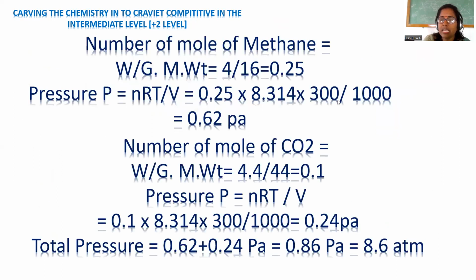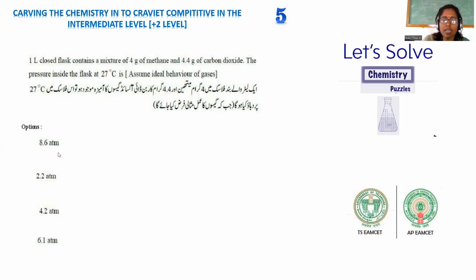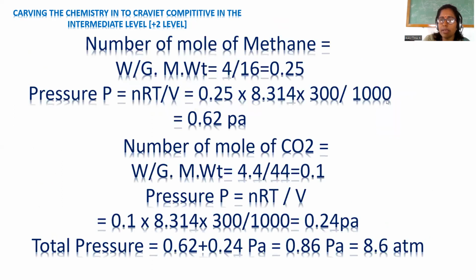It will become 300 Kelvin. Right. So 300 Kelvin temperature will be there, and the volume, 1 liter volume can be represented as 1000 ml. So 0.25 into 8.314 into 300 by 1000, the value will be pressure is equal to 0.62 pascals, right? This is for what? Methane.